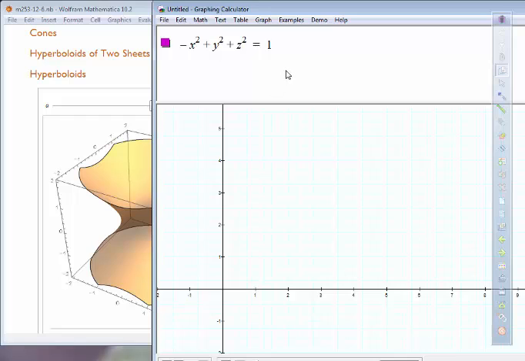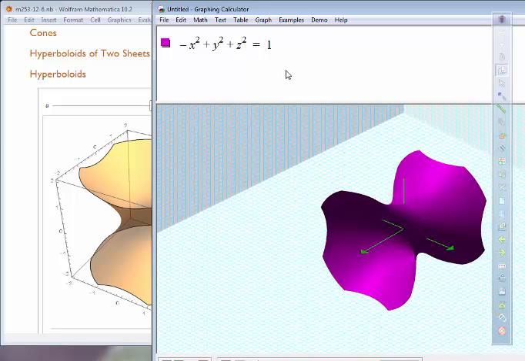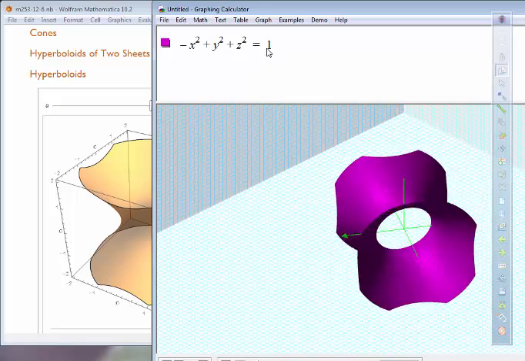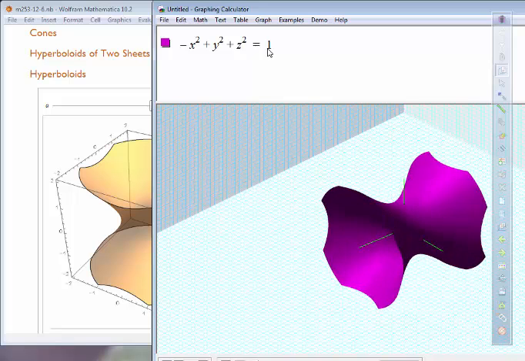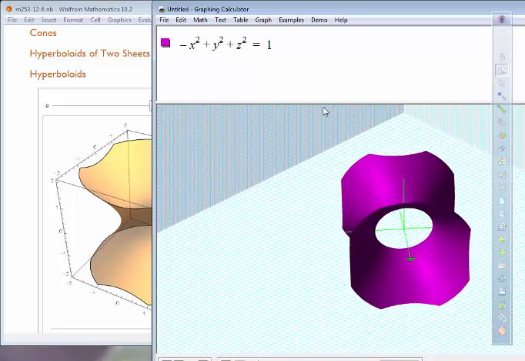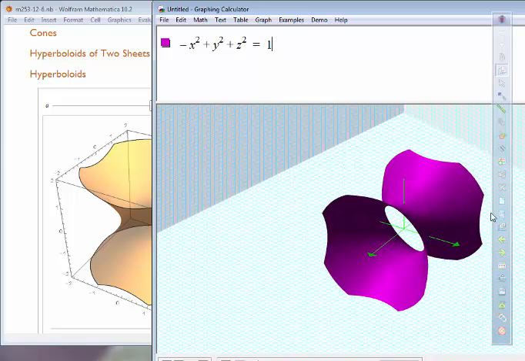So how many say 1 sheet? How many say 2 sheets? I think it's 1. Yeah, there's 1 negative, and then the constant's positive on the other side. So this is a hyperboloid of 1 sheet, and it's opening up along the x-axis. All right? Okay, any questions?